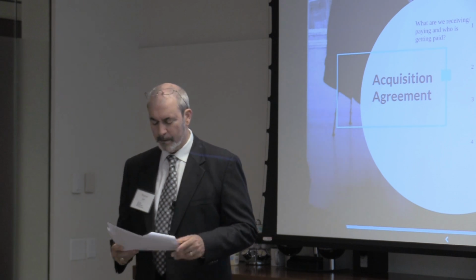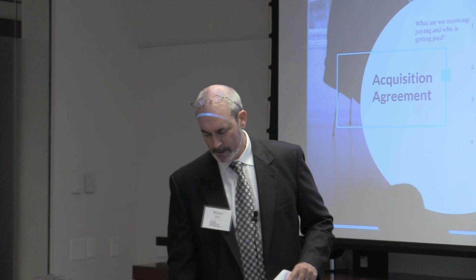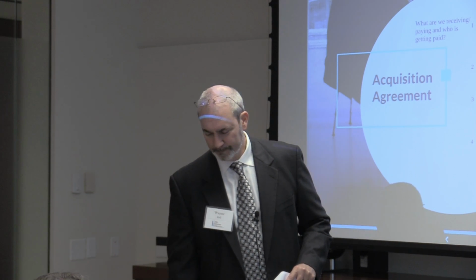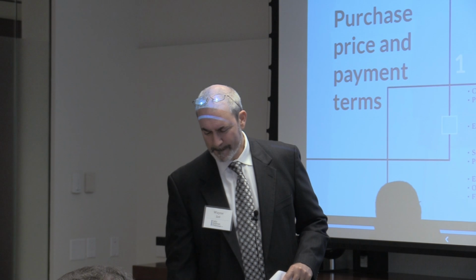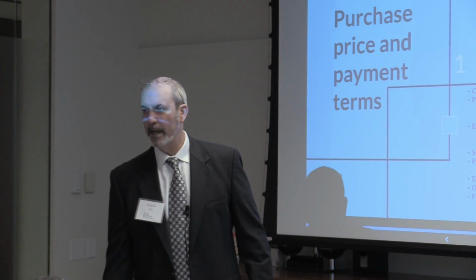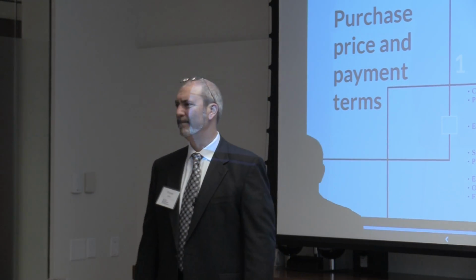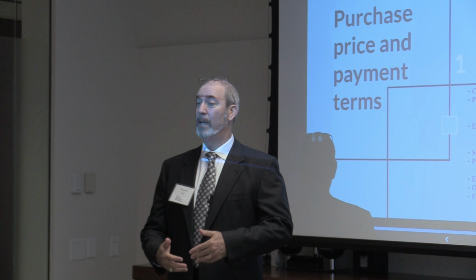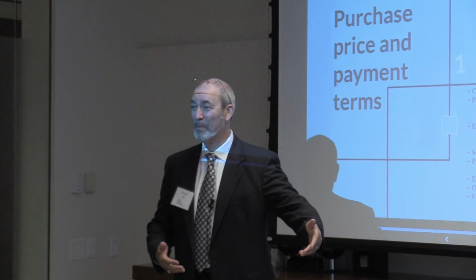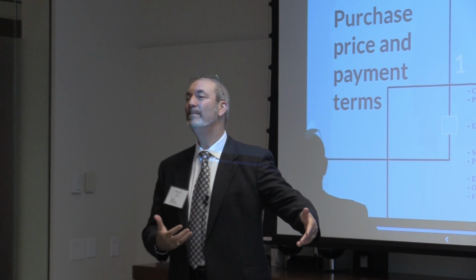So back to the transaction and the purchase agreement. There's so many different permutations of transactions, right? So we may get cash at closing. We may get cash and a promise to pay in the future for some of the purchase price, known as a holdback note, promissory note.